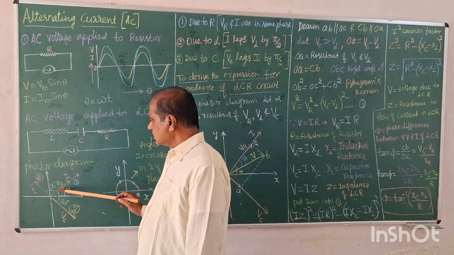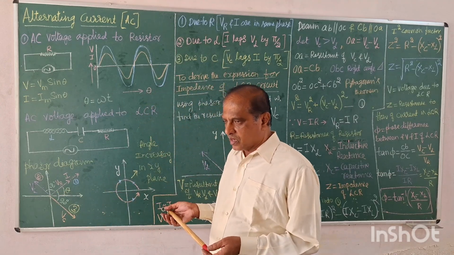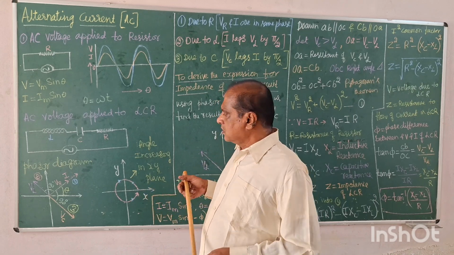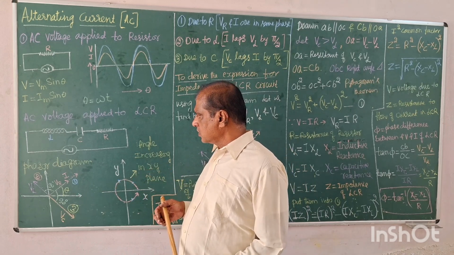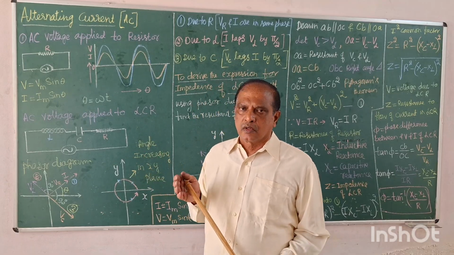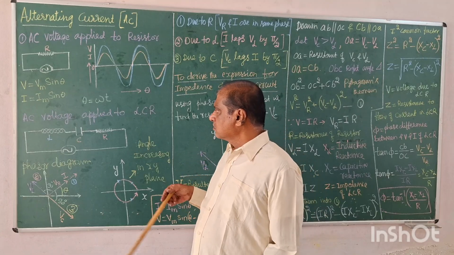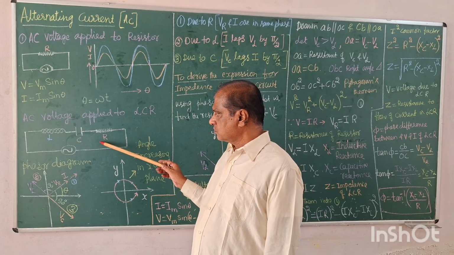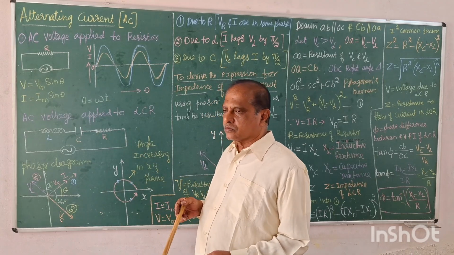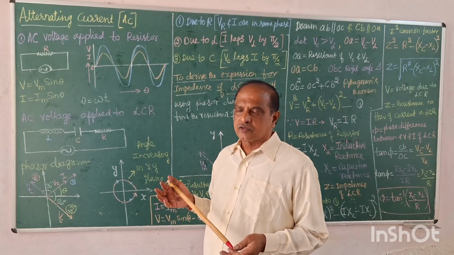And this is a mathematical approach, combining algebraic vectors with geometrical concepts, to find a solution for this LCR circuit. As I said, it is vector algebra combined with geometrical concepts.